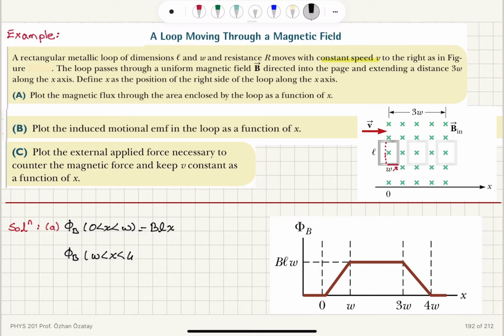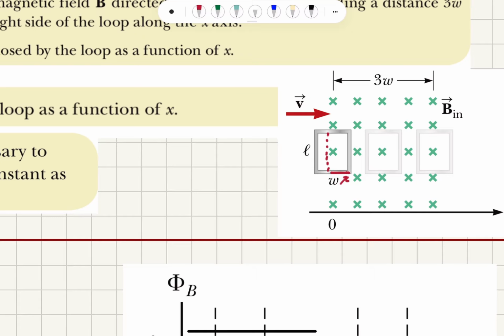So when x is in between W and 3W, this is going to be completely inside.